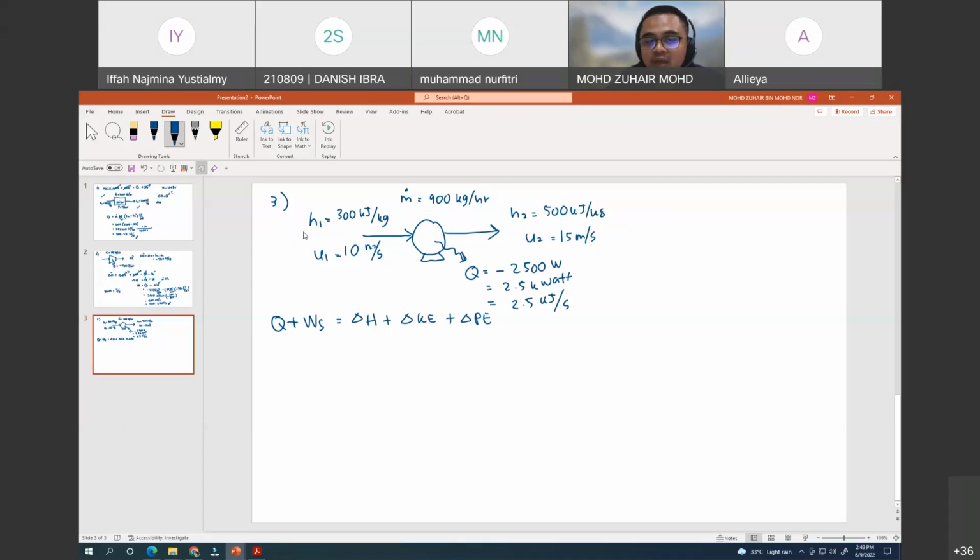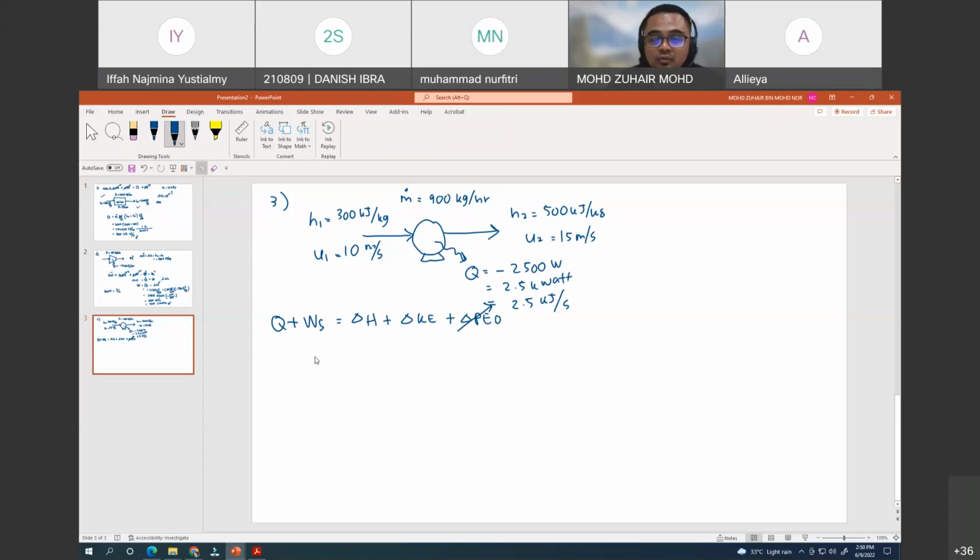We have kinetic energy because we have the velocity here. The only thing not stated in the question is the potential energy, the height, so I consider the potential energy to be 0. All of these are specific values, per kg.